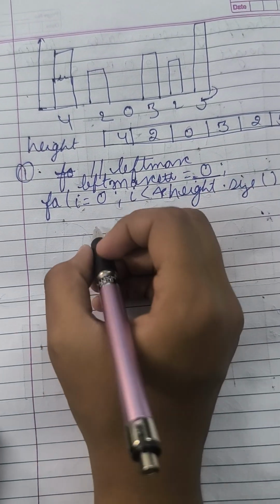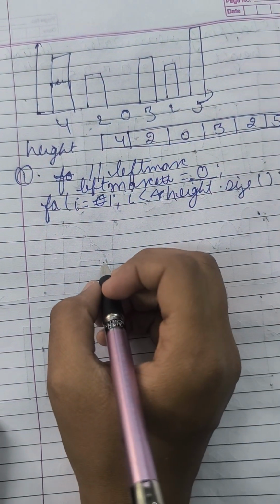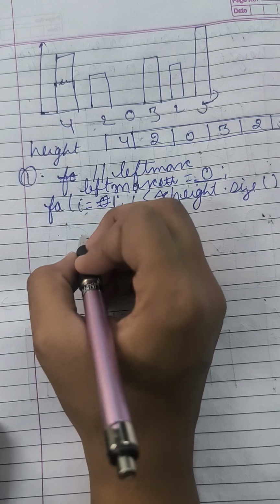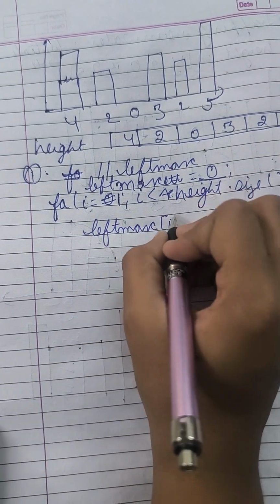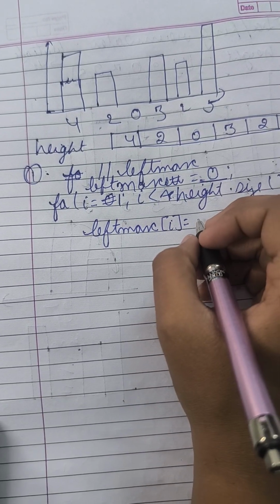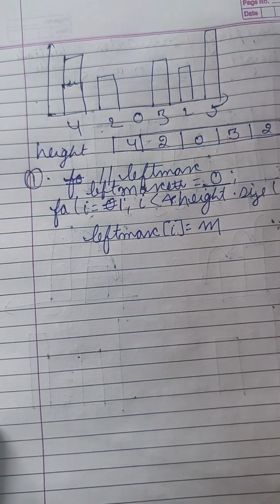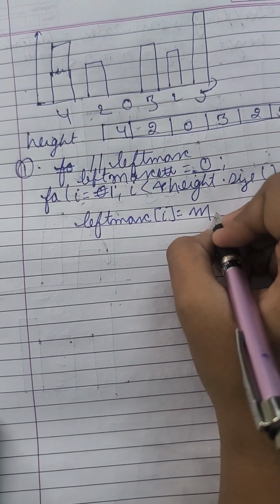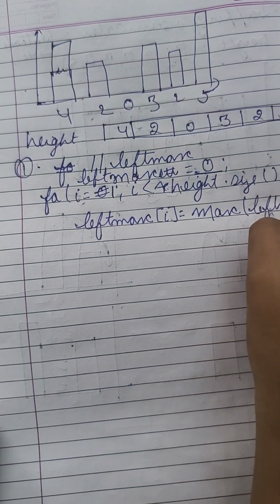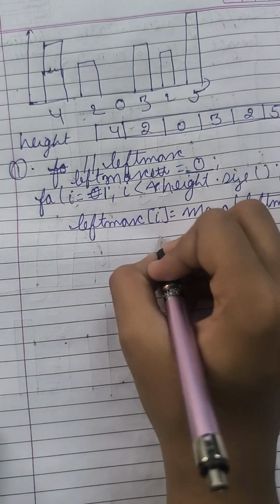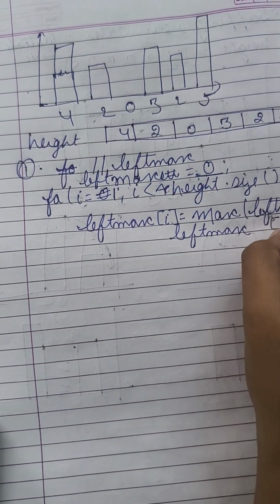I am going to start from i equals 1. See how it will work: leftMax of i is going to be the maximum of height of i and leftMax of i minus 1.